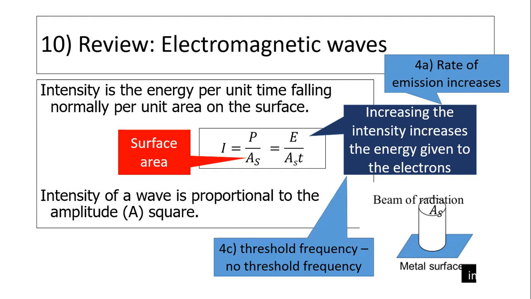So what wave theory tells us is that we can increase the amplitude, increase the energy given. So no matter what type of radiation we shine on the surface, electrons should still be emitted. But that's not true.